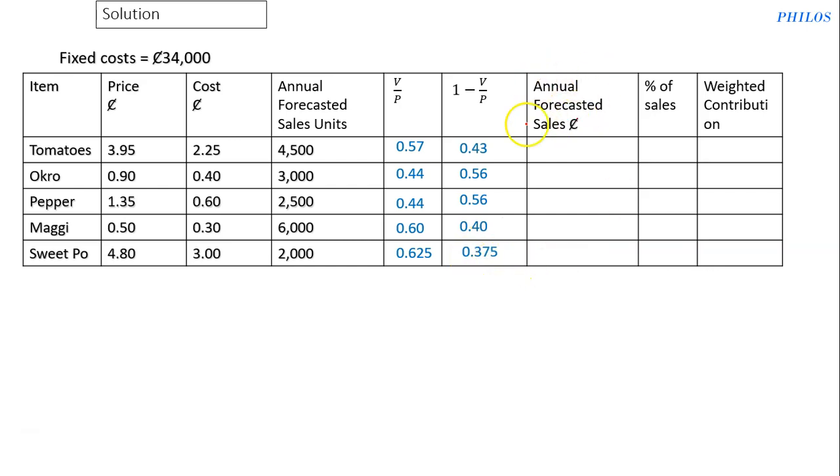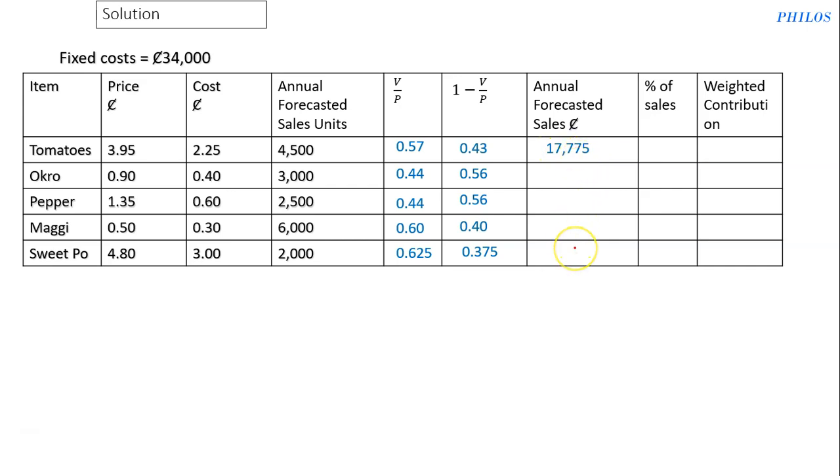Okay. Then we also find the annual forecasted sales in monetary terms. Okay. And remember, to get the annual forecasted sales in monetary terms, it is the annual forecasted sales in units times the price. Okay. So 3.95 times 4,500 will give you 17,775.